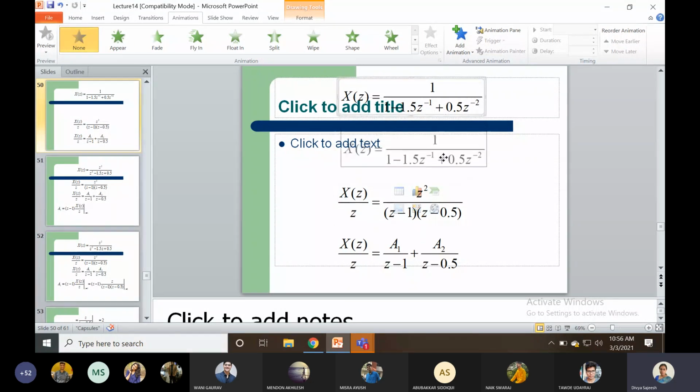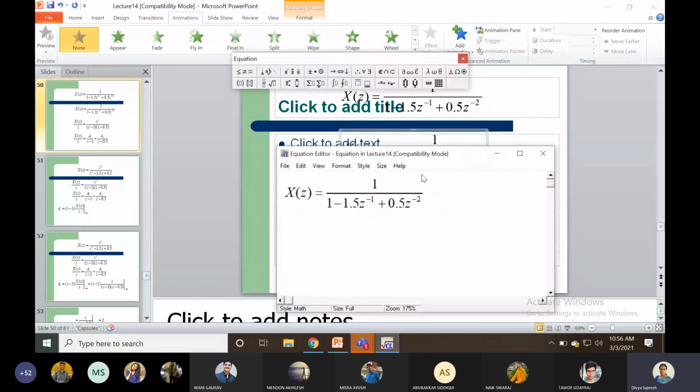So what will happen here? If you take Z raised to minus 2 common from the denominator, outside it will be Z raised to minus 2. Then here how much it will be?